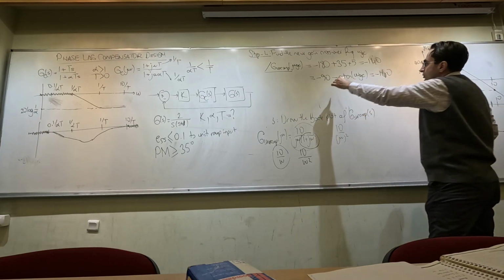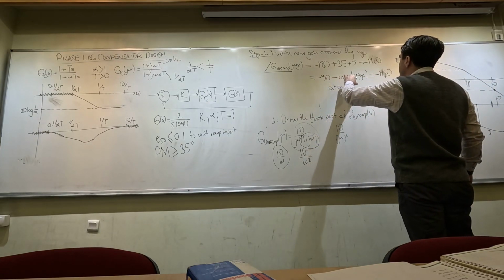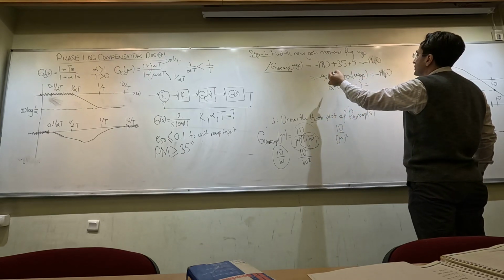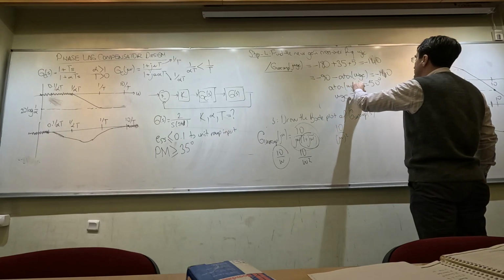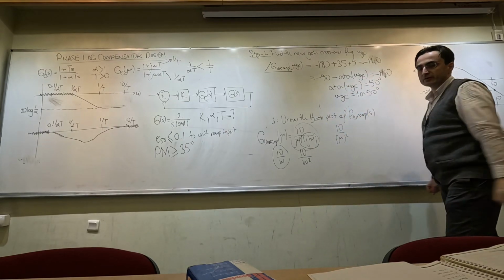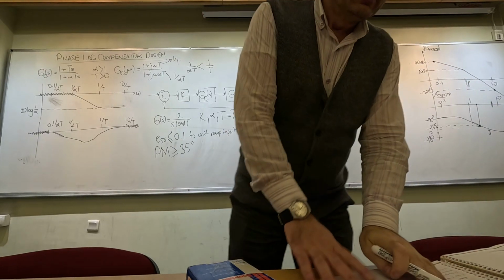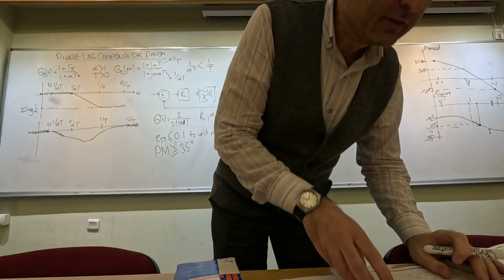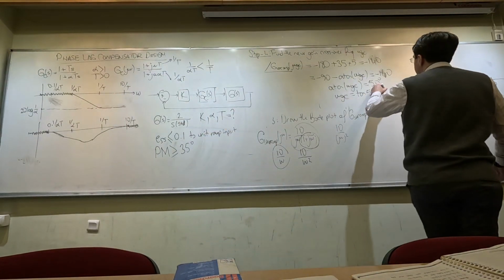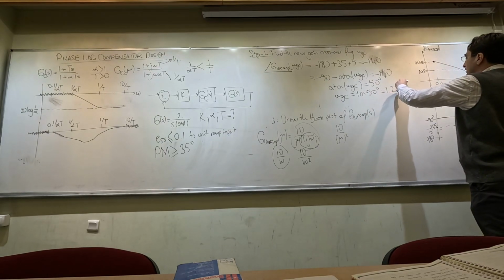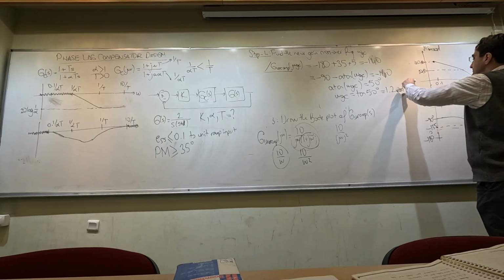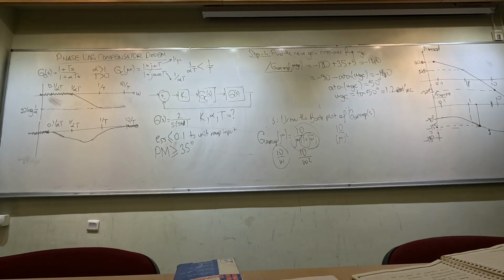This is going to make the arctangent of omega GC equal to 50 degrees, and omega GC is going to be the tangent of 50 degrees. If you look at this tangent, you're going to see that it is going to be 1.2 radians per second.